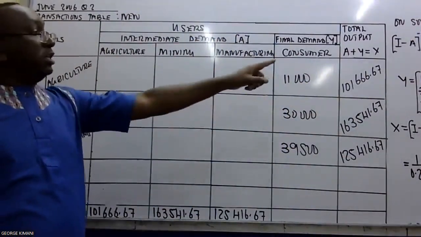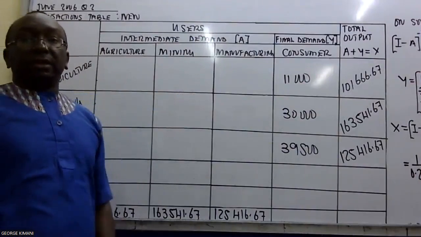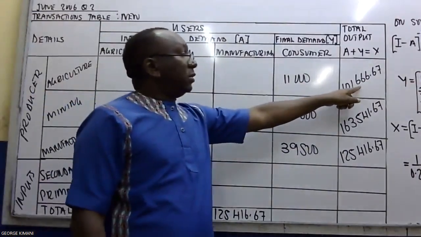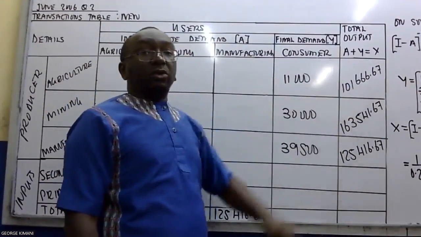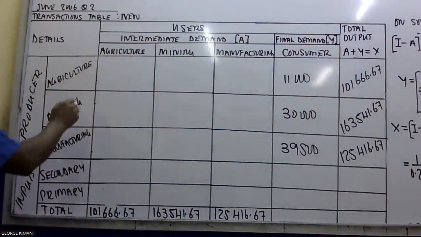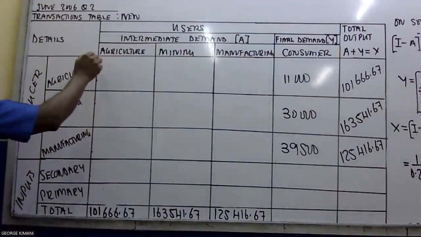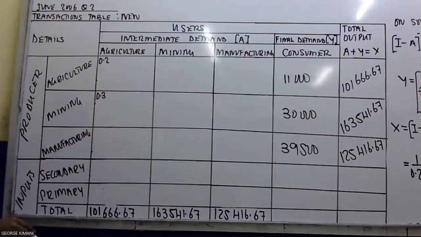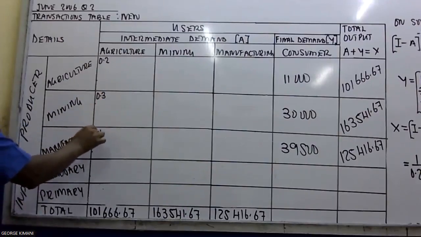If you remember what we did in getting matrix A, tulikuwa tunachukua the total in the first row, and we divided the values in the first column. Nisome what we had gotten in that matrix: this was 0.2, this was 0.3 and 0.4.